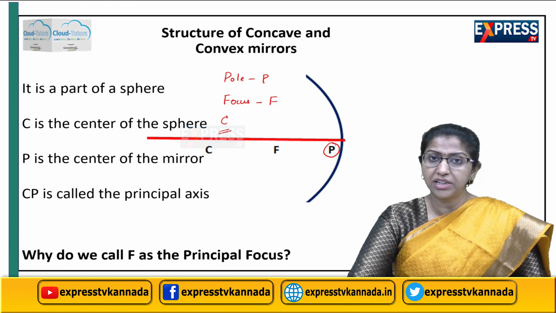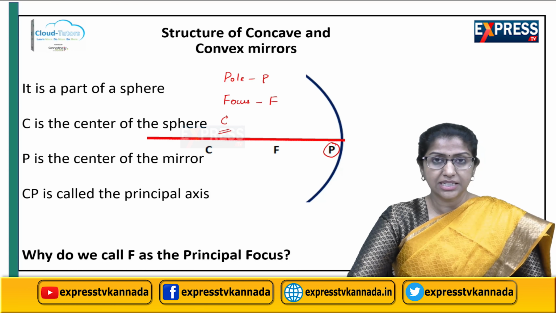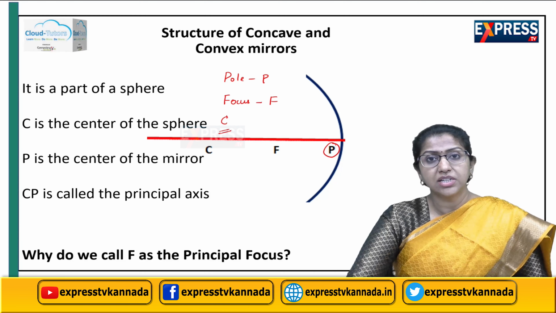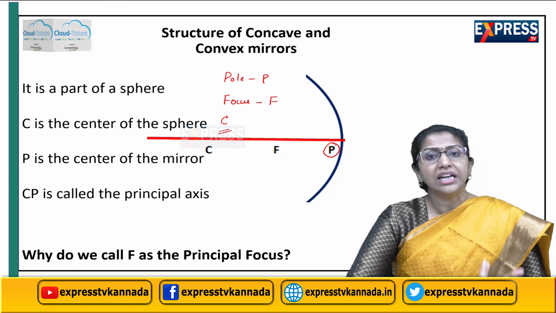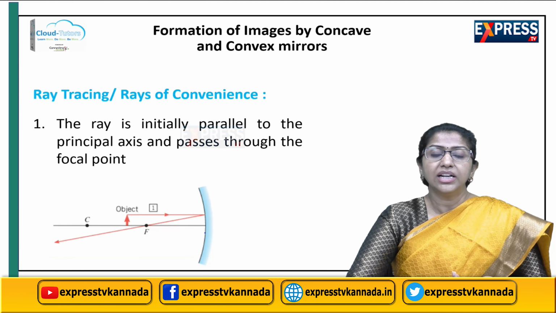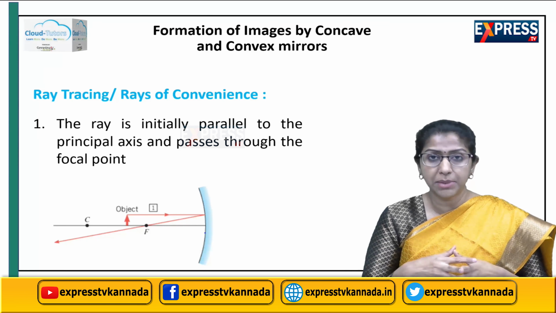In case of a concave mirror, we have 6 different positions of objects that can be kept in front of the mirror, for which it forms different kinds of images at different positions. In case of a convex mirror, there are only 2 cases, which is pretty easy. Let's go ahead and look at these methods using which we can locate the images.